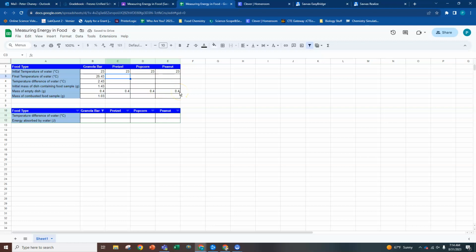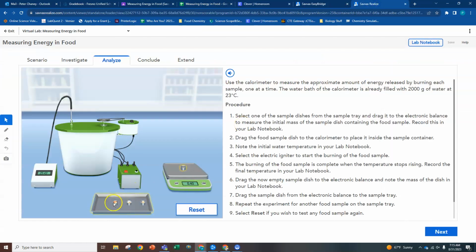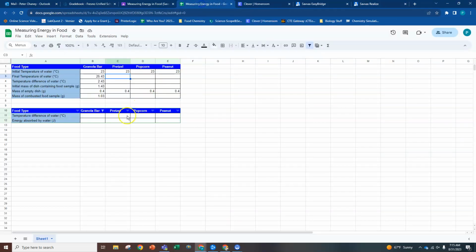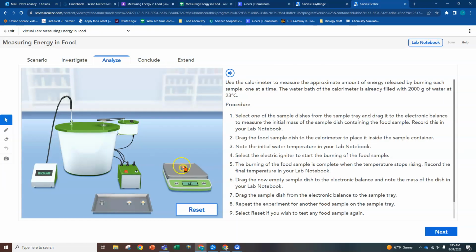I'll do one more and then I'll have you do the rest on your own in the simulation. I'll go back over here, put this back on the tray, then we're going to take pretzels. That's 1.21. That is right here, the initial mass, 1.21. We'll know the temperature once we throw it into the machine.